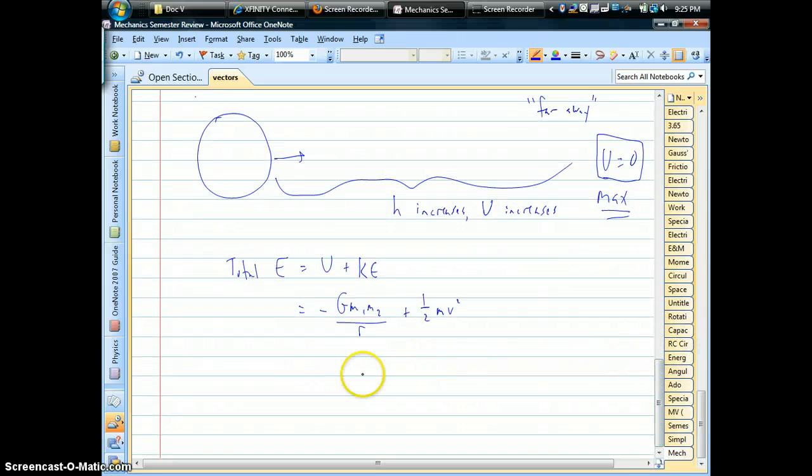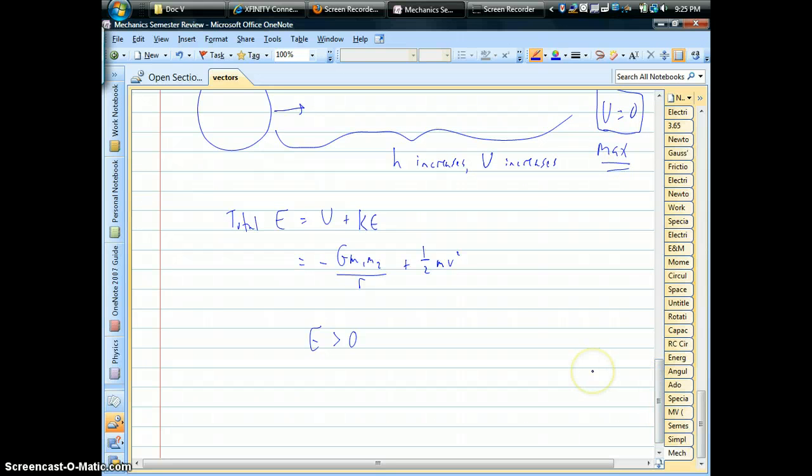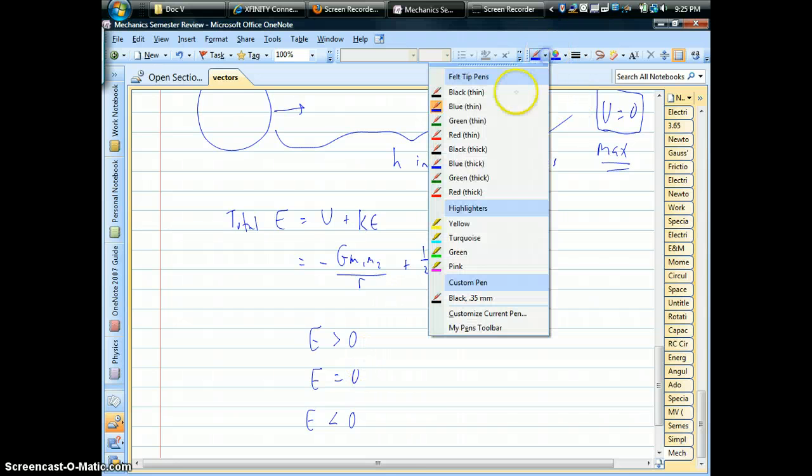So what this means is that you have 3 possibilities. You could either have your total energy be positive, if you're going really fast, let's say, and your kinetic energy is bigger than your potential energy. I suppose it could be 0 if they're equal to each other. Or your energy, if gravity wins, if you have more potential energy than kinetic energy, would actually be negative. Okay? So the 0 point is kind of a threshold, if you think about it.